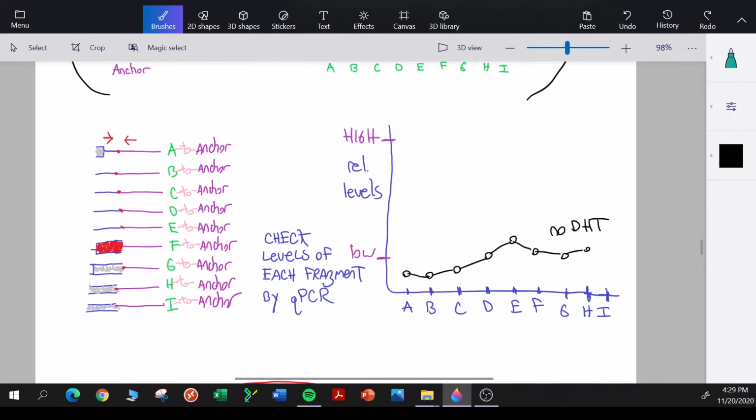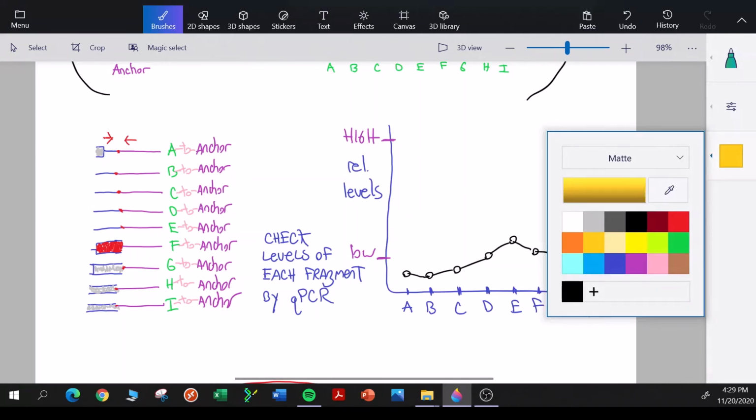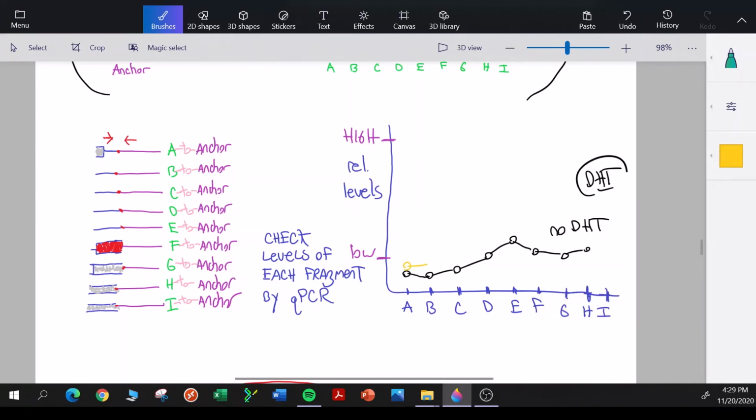Okay, so when they do the same experiment with the DHT treated cells, I can use a different color here, what they see is essentially the same thing for all of the loci, except for these right here.